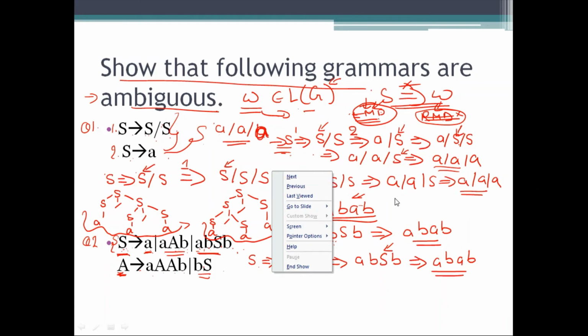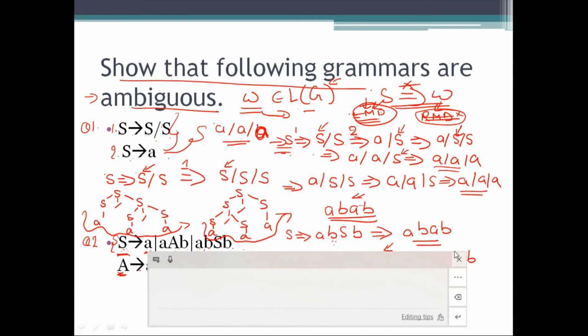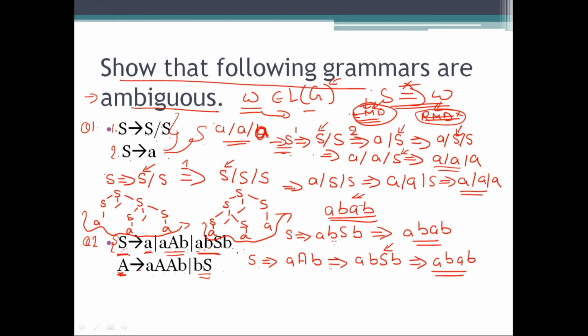We can draw this also with the help of a derivation tree. So the first one is straightforward. S is rewritten as ABSB. If you remember, for any production rule, you have the node vertex as that on the LHS, and the right side of the production rule is represented like this: A1, A2 till AN.